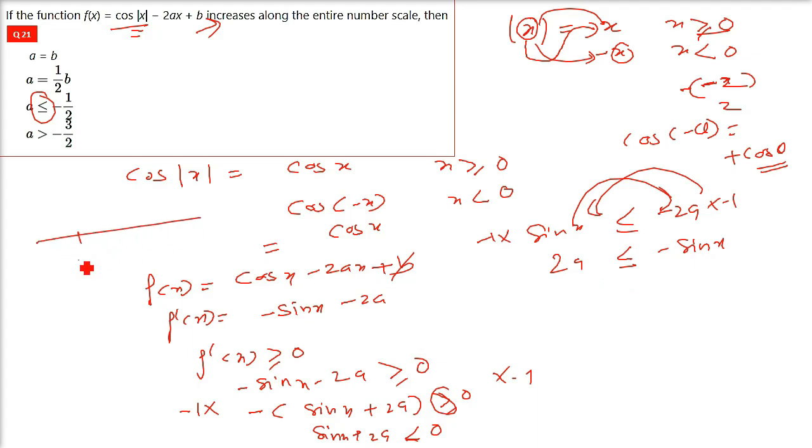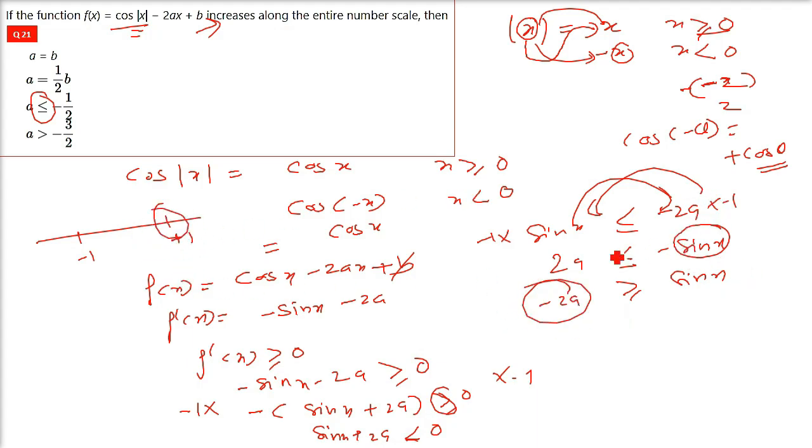Alright. Now tell me, what is the highest and lowest value of sin x and cos x? It's plus 1 and negative 1. So 2a is less than or equal to negative sin x, and we need a relationship between a and a certain value. But sin x is minus 1 or plus 1. If I am lower than the lowest value of yours, or higher than the highest value of yours, that is, if I am higher, I am higher than 1.